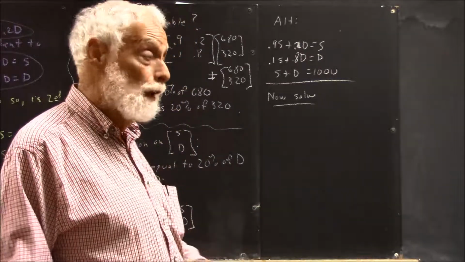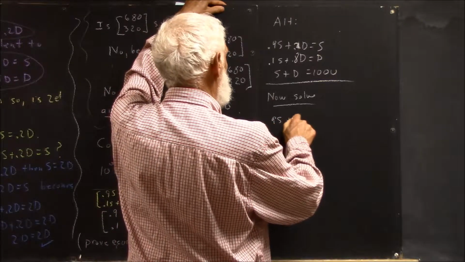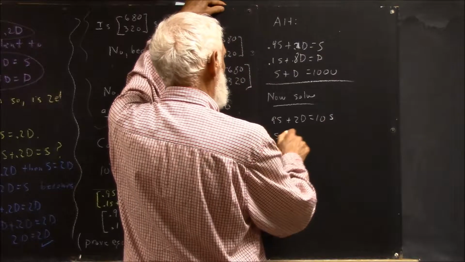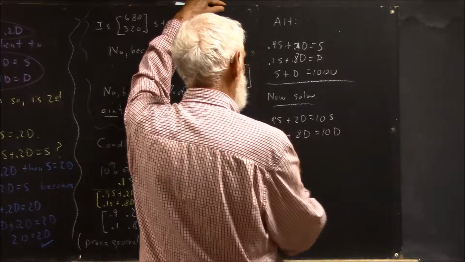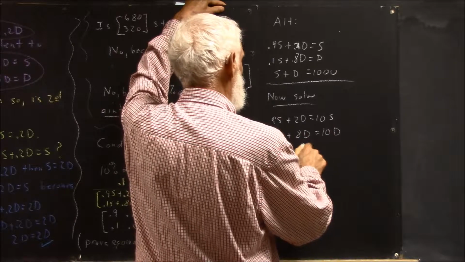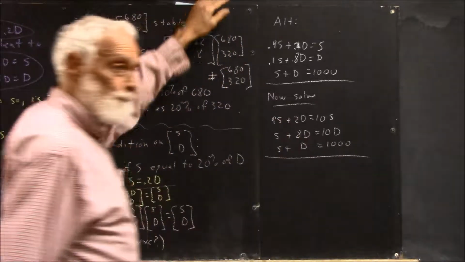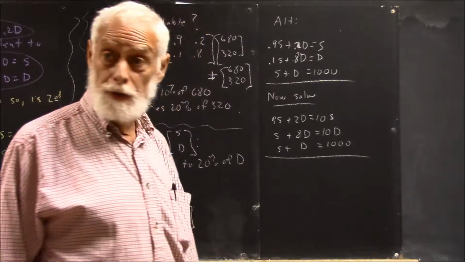So I'm going to get 9s plus 2d equals 10s, and s plus 8d equals 10d, and also s plus d equals 1,000. So that's my first operation on the system.